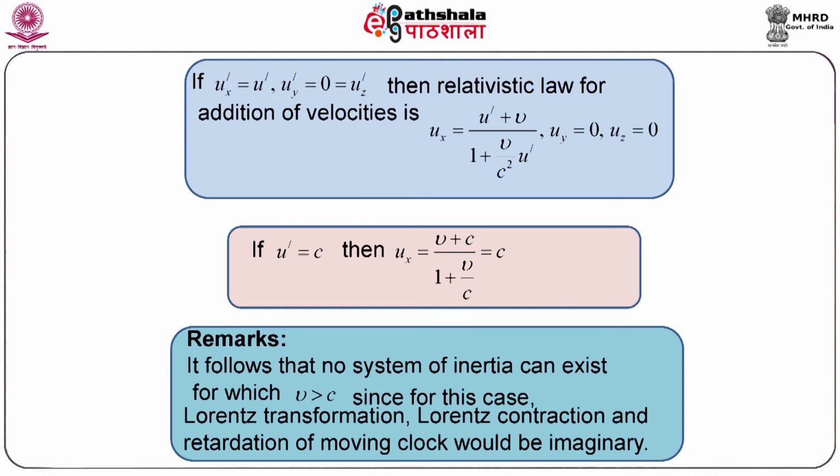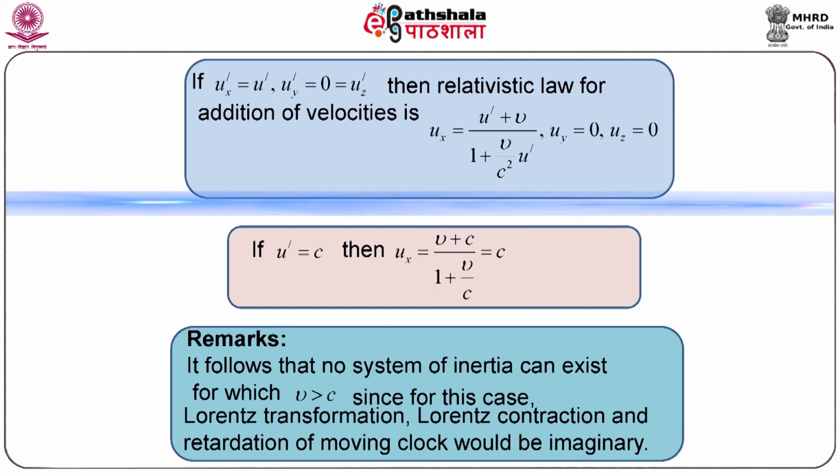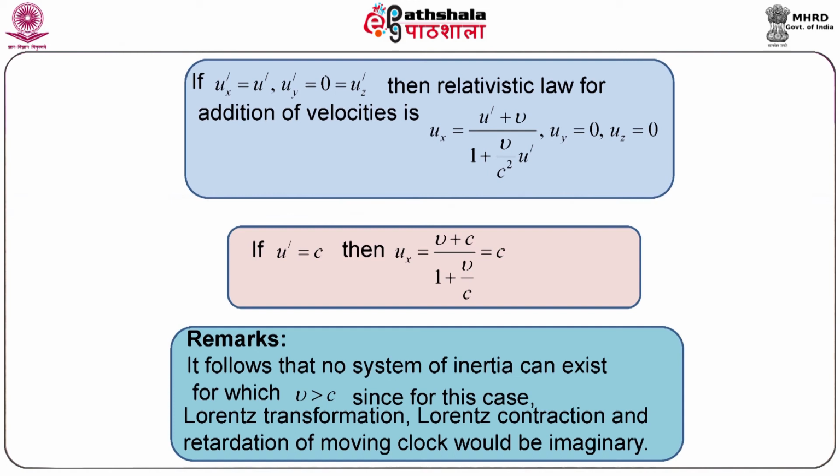So far we have considered the cases where the velocity is much less than the velocity of light, or comparatively less than the speed of light, and also considered the case when the velocity becomes equal to the speed of light. But we did not consider the case that the velocity of an object becomes greater than the speed of light. Why?